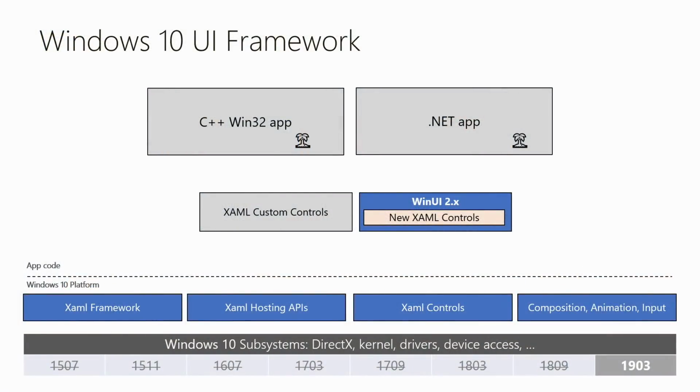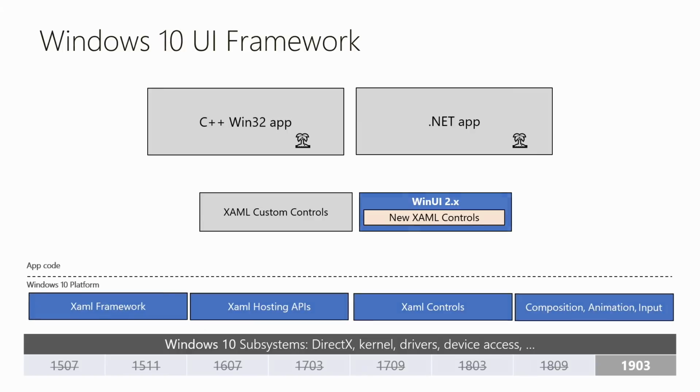I know that all the people really know this. People are really familiar with this presentation. It's about the platform that we have today. We have this Windows 10 platform with the XAML framework, with the XAML controls, the composition animation. The application code can be a UWP application using the XAML custom controls, WinUI 2, and also it can be a XAML C++ application using XAML Islands or .NET.